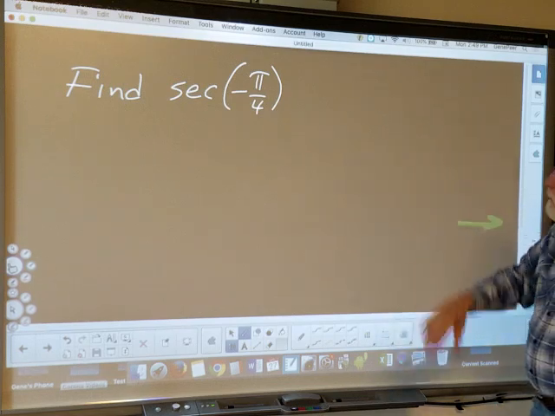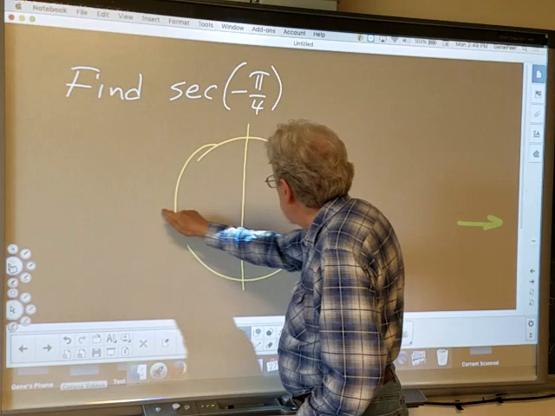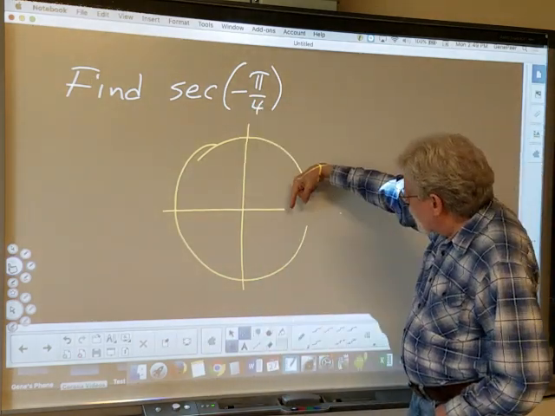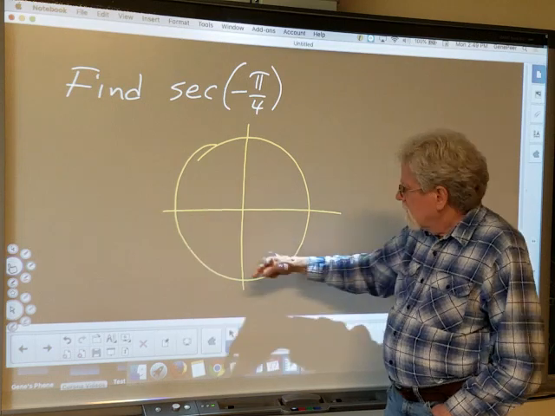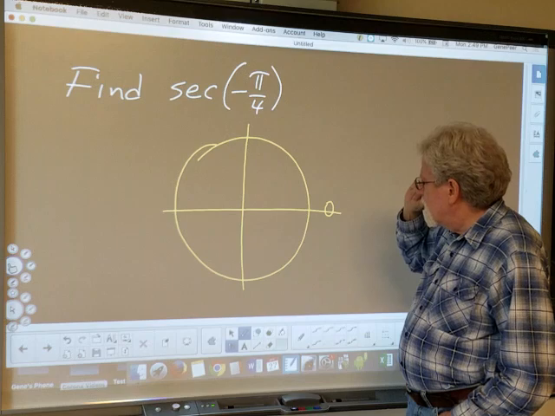Finding the secant of negative pi over 4. All right, I would suggest drawing yourself a unit circle. Find negative pi over 4. A negative angle means we go that direction. If this is 0, we count in the negative direction here.